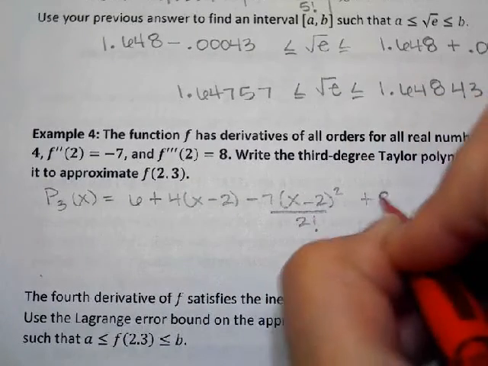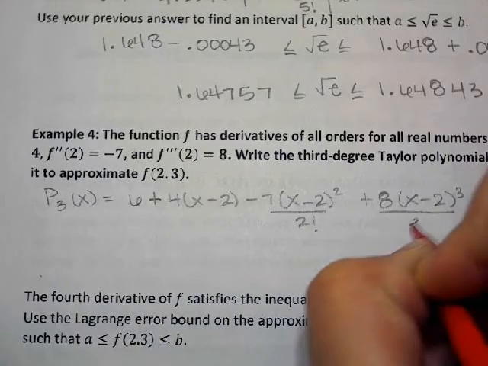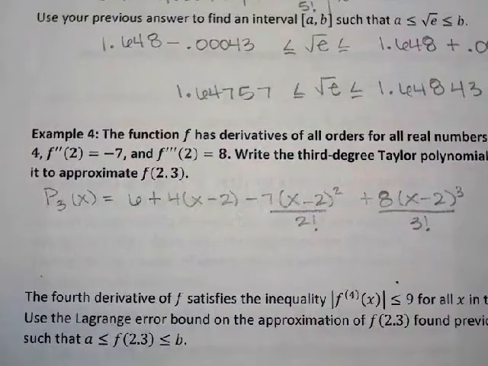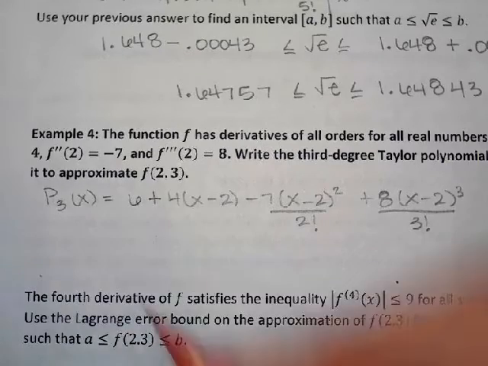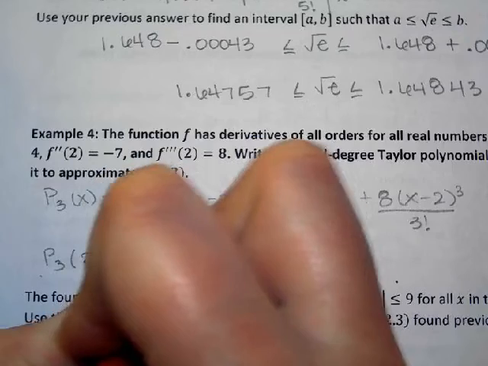And then how are we going to use it to approximate 2.3? Put the degree.